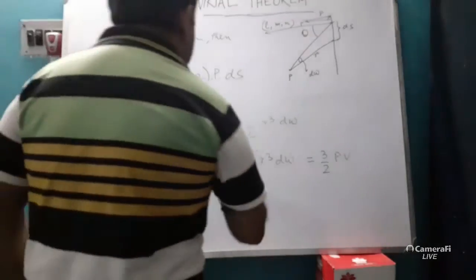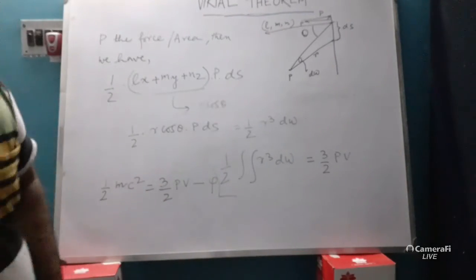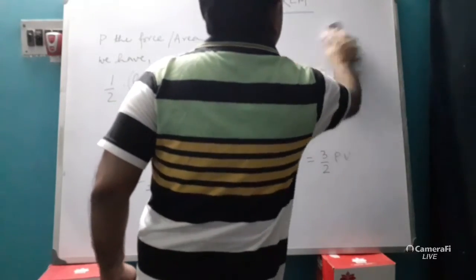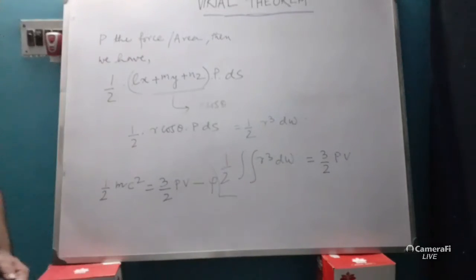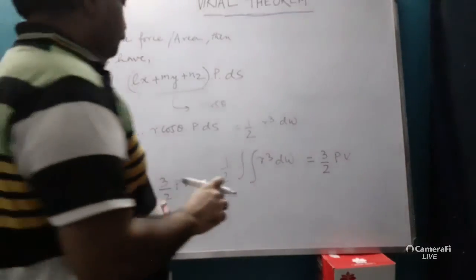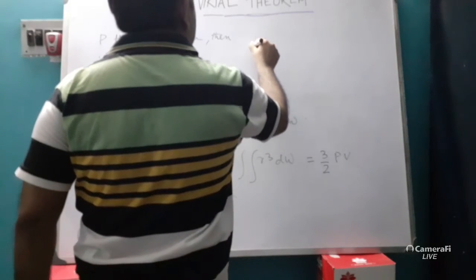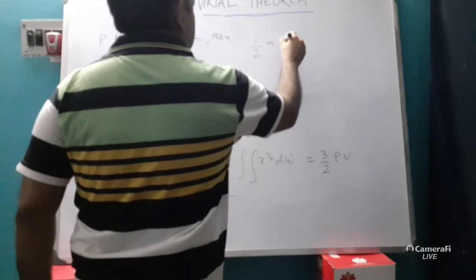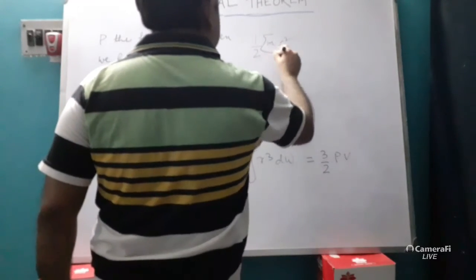Now this phi can be replaced as half mc square. Obviously here you have to put one summation.